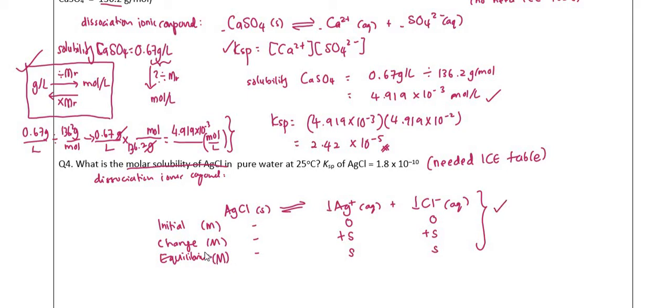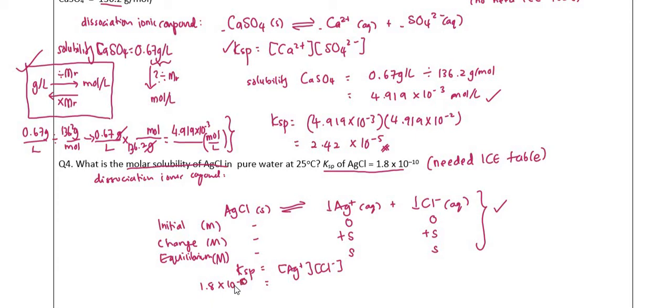Okay, after you do the I stable, automatically, like before, after I stable, Ksp expression, right? Then you insert the value. Ksp already given 1.8 exponent negative 5. Sorry, negative 10.